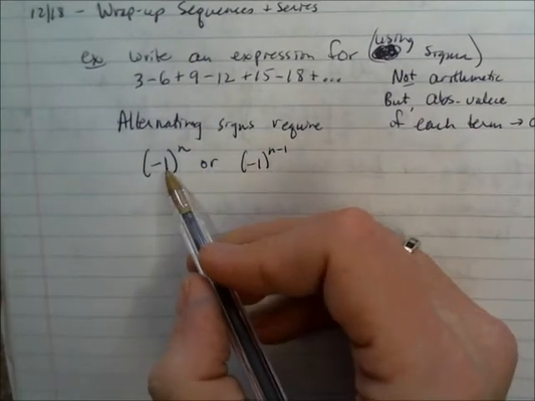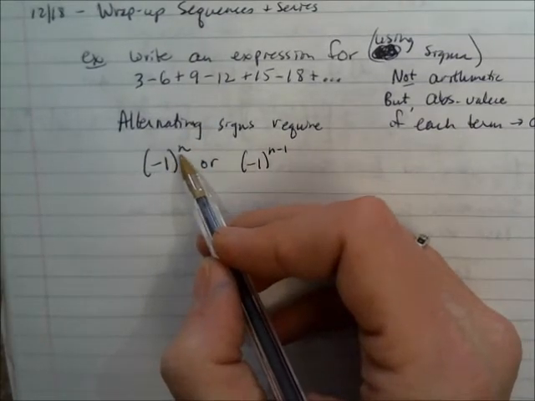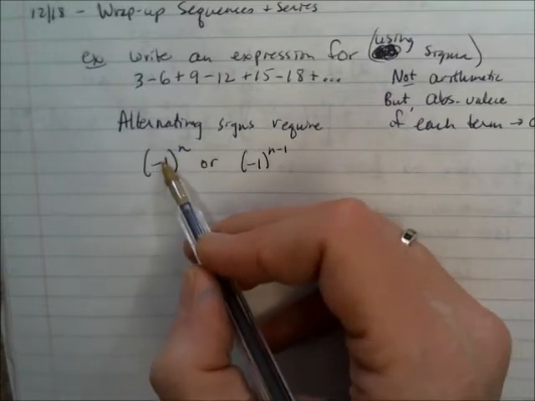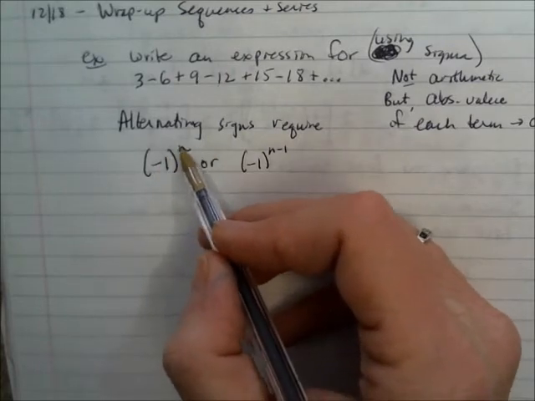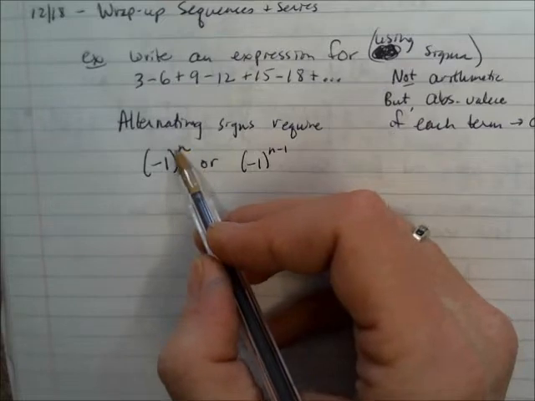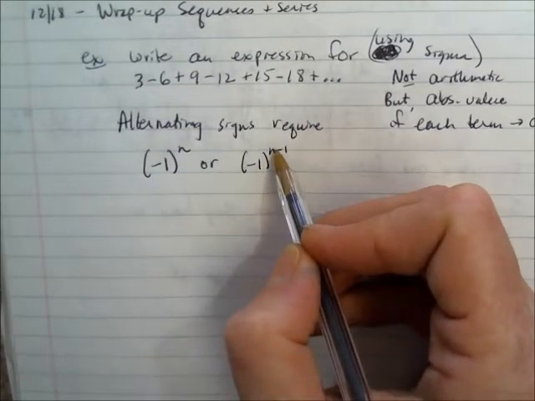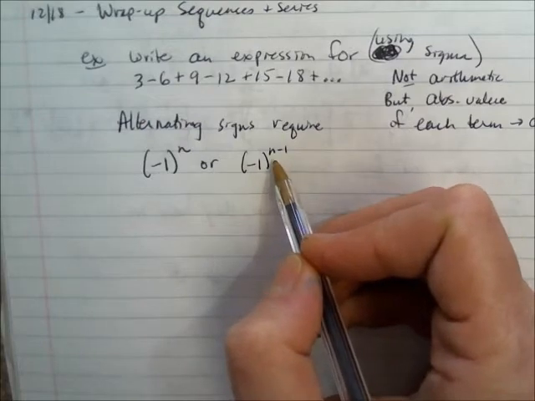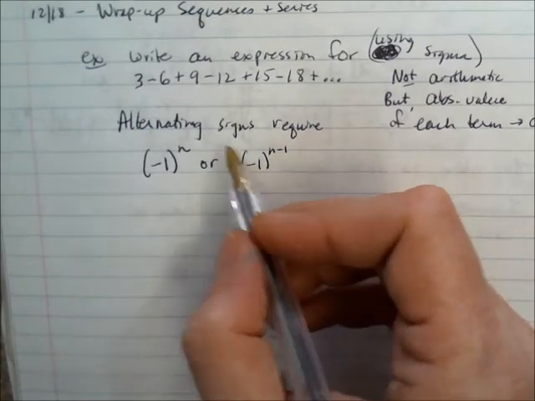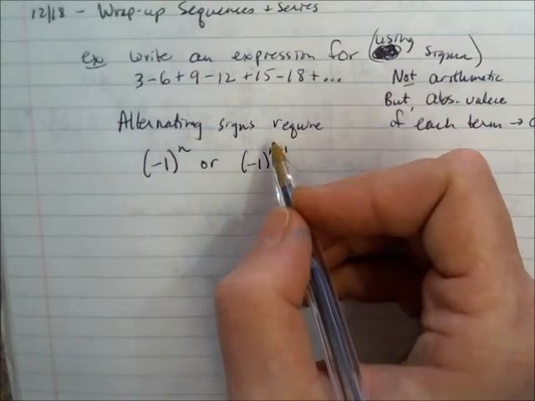And that's going to make, when we go through the n values of 1, 2, 3, 4, 5, this -1 raised to the first, third, fifth, and seventh power is going to make the term negative, and this raised to the 0, 2, 4, 6, and any even power would make this term go positive.